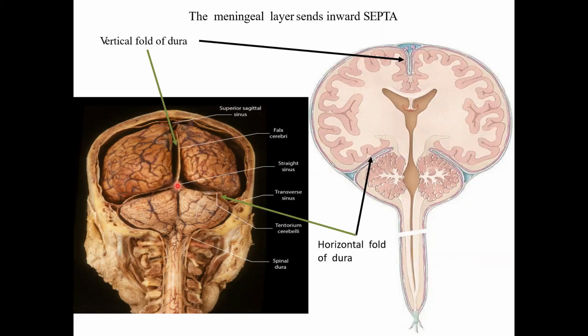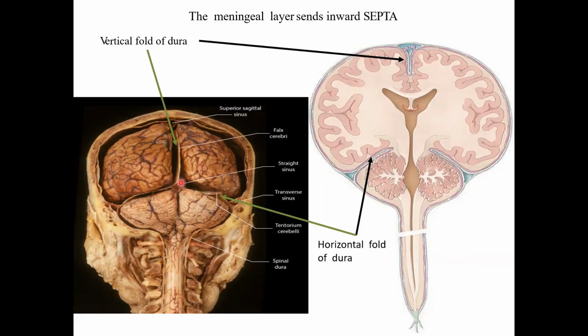So in this way the meningeal layer will not only enclose the brain completely, but it will also form the folds which will divide the cranial cavity into compartments and will also separate the lobes of the cerebrum, the cerebellum, and also the cerebrum from the cerebellum.